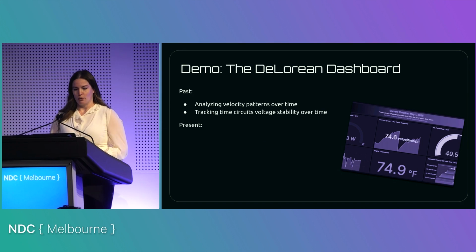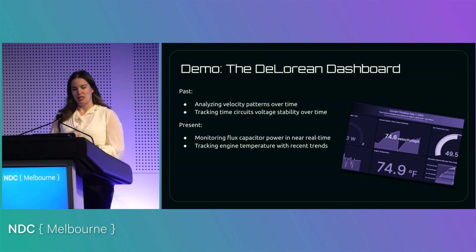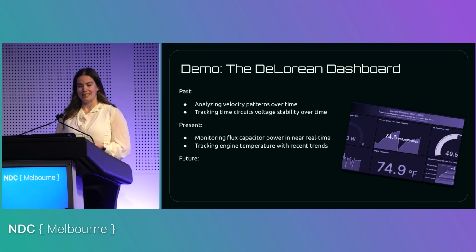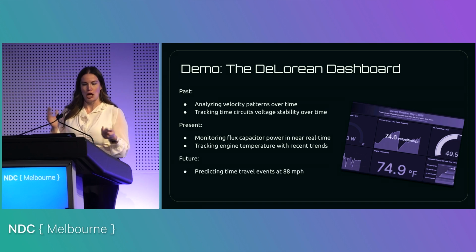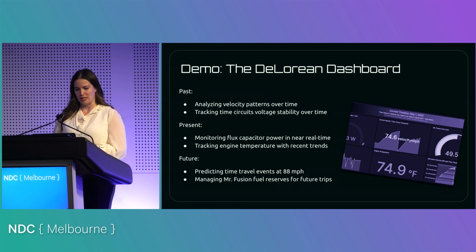For the present, we're monitoring flux capacitor power and engine temperature in near real time, demonstrating efficient data writing and reading. For the future, we're predicting time travel events at 88 miles per hour and managing Mr. Fusion level reserves, showing how time series data using our stack can be done.